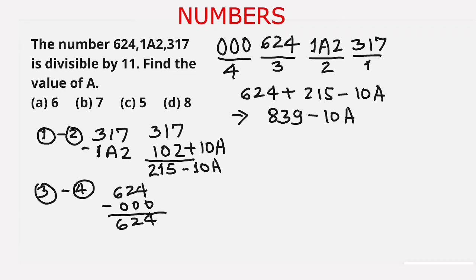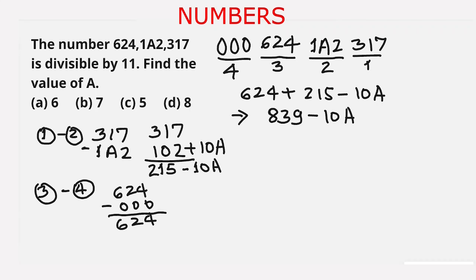So if we subtract 10 from 839, this will become 829, and 829 is not divisible by 11. Similarly, if we subtract 20, then 819 is not divisible by 11. If we subtract 30, then it will be 809. That is also not divisible by 11. If we subtract 40, then the number will be 799. 799 is also not divisible by 11.